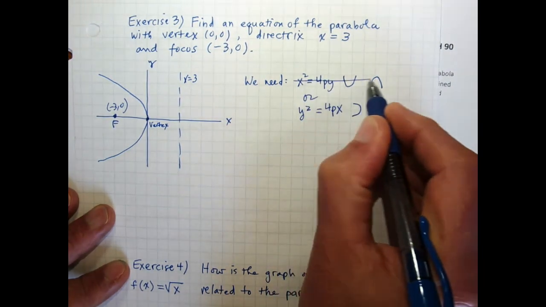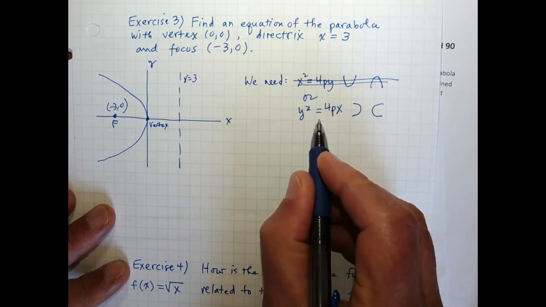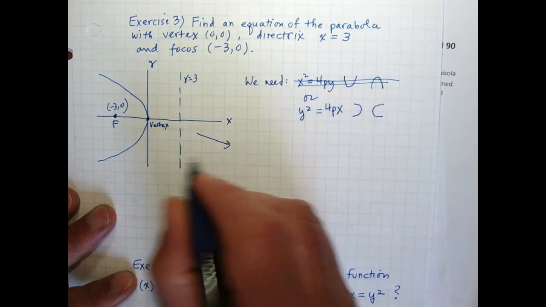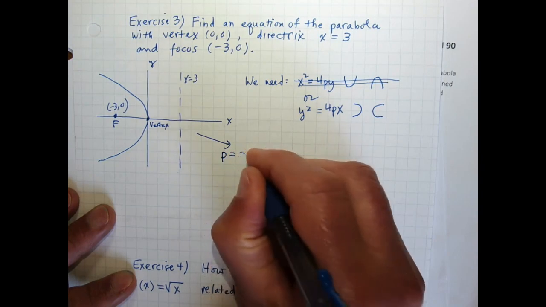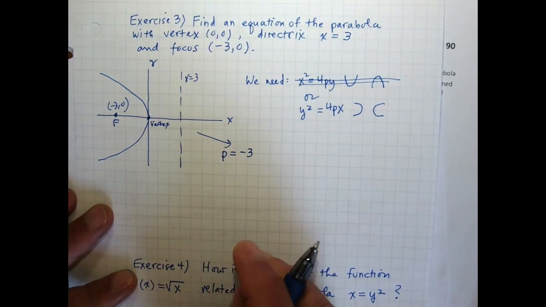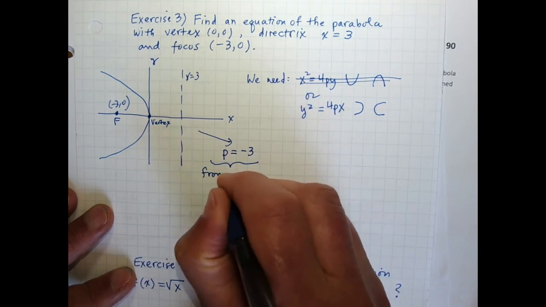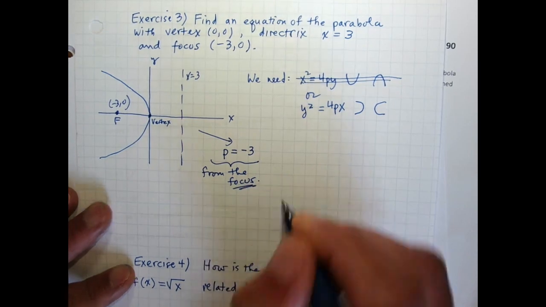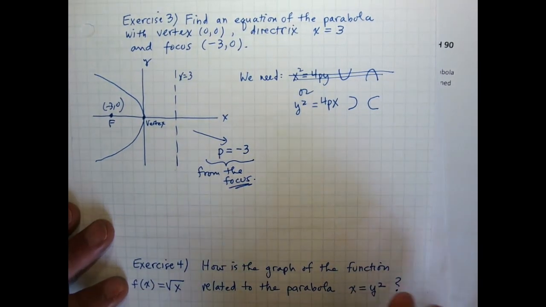So we don't want x squared equals 4py here. We need y squared equals 4px. And we can see that p is equal to -3. P always comes from the focus. So if the focus has a negative coordinate, then our p value will be negative.